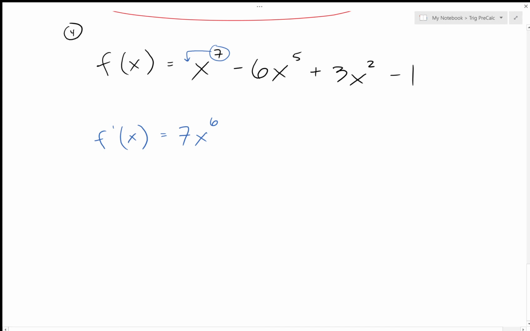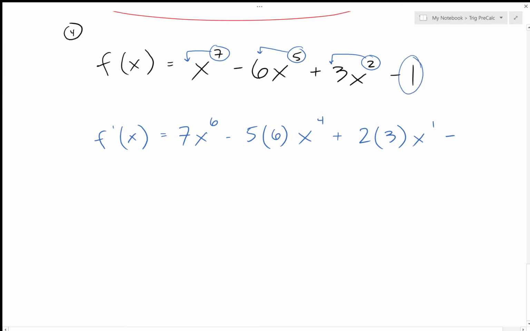Where it gets a little bit interesting here is this 5 is going to move down, but you see there's already a number there? Those numbers are going to get multiplied to each other. So 5 times 6, and then x to the, drops down by 1, 4. Same thing here, this 2 is going to move forward. So we plus 2 times the 3 and the x. And the exponent drops down 1, so x to the 1. Minus, a constant number.